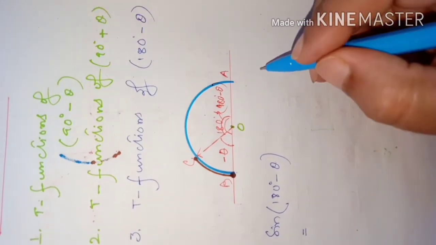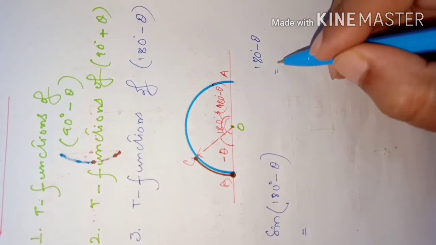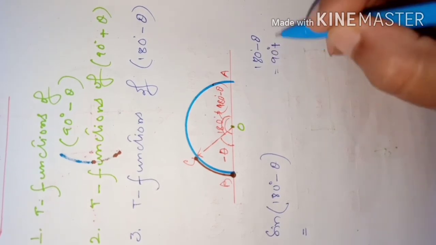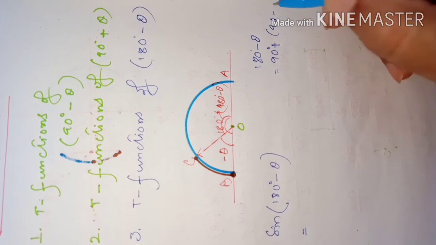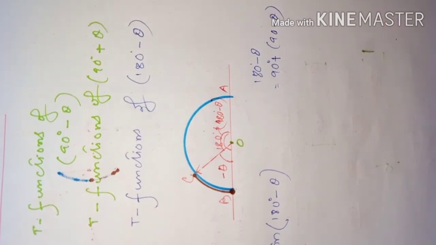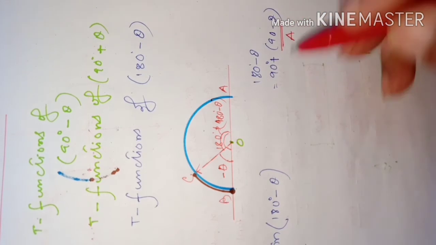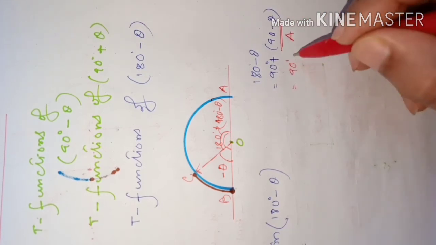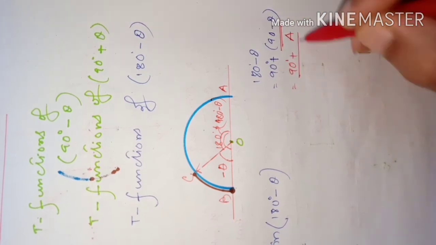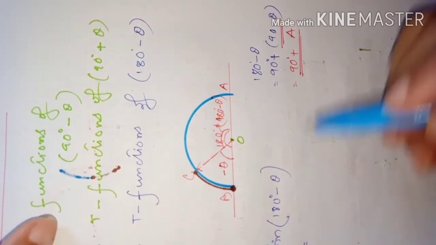It can be written as 90 plus 90 minus theta. Suppose I consider this 90 minus theta as a. Then the whole thing is 90 plus a, so I can think of 180 minus theta as 90 plus a.